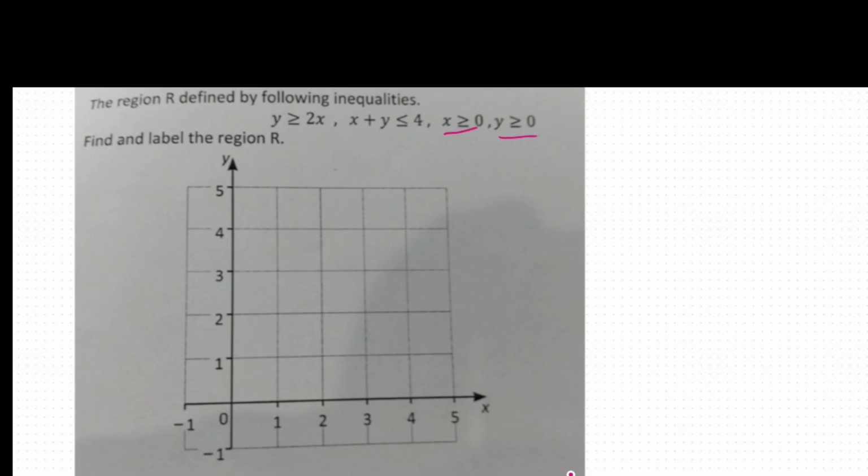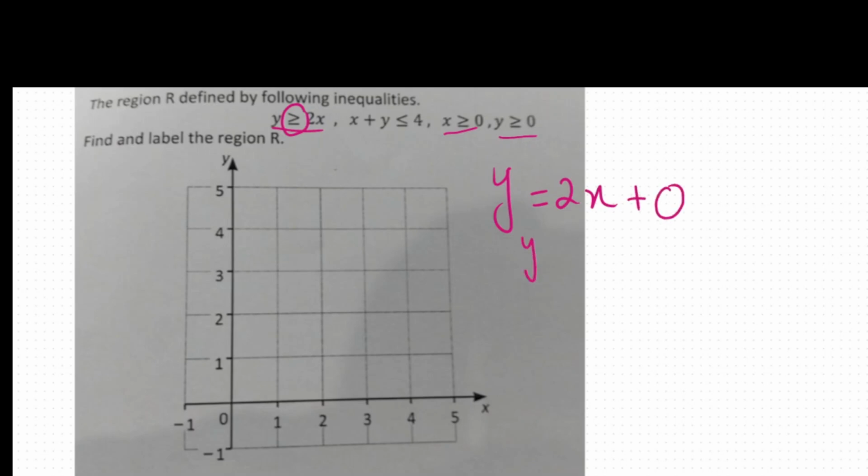Alright, so first of all, we will find the associated equation for each inequality. This is our first inequality, and it says y is greater than or equal to 2x, so we have to make a solid line. The associated equation will be y equal to 2x, which I can write as y equal to 2x plus 0.